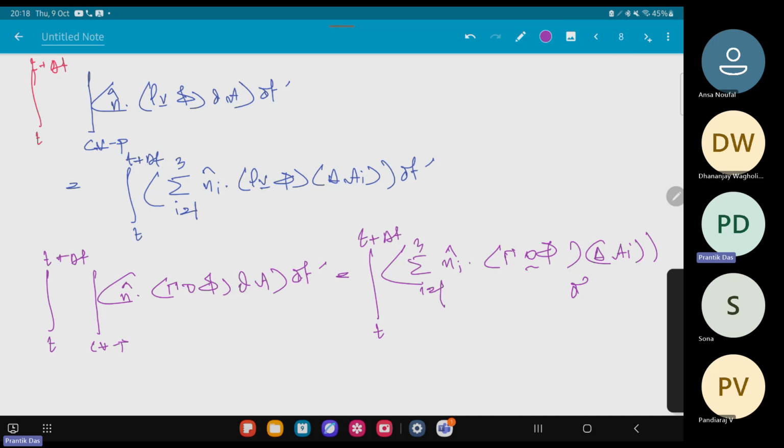Okay, so n_i cap are the normal vectors, the vectors normal to the corresponding surface, and delta A_i are basically the areas of the three surfaces we already have.